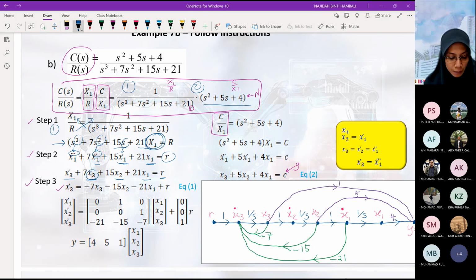Next, for step number 3, again, we rearrange the equation above so that we have one equation for x3 dot. This is for x3 dot. Then we've done part 1, x1 over R, which is equal to 1 over denominator of the transfer function.